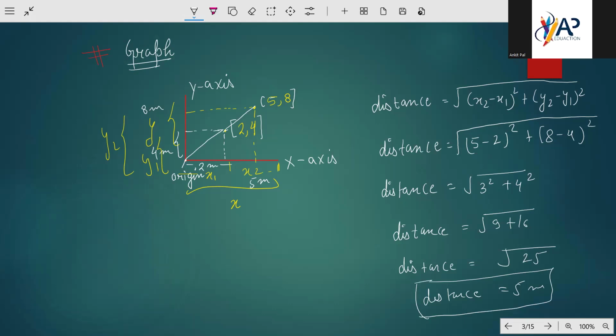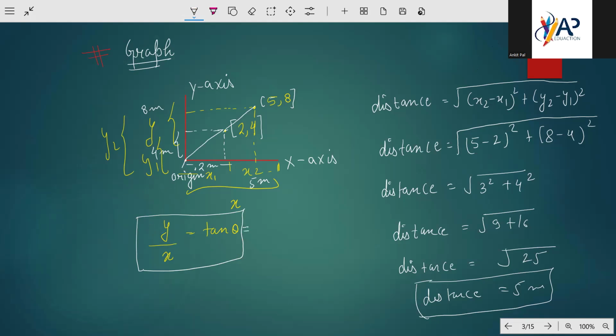But if we say that y upon x is equal to tan theta, right? You know what is tan theta?